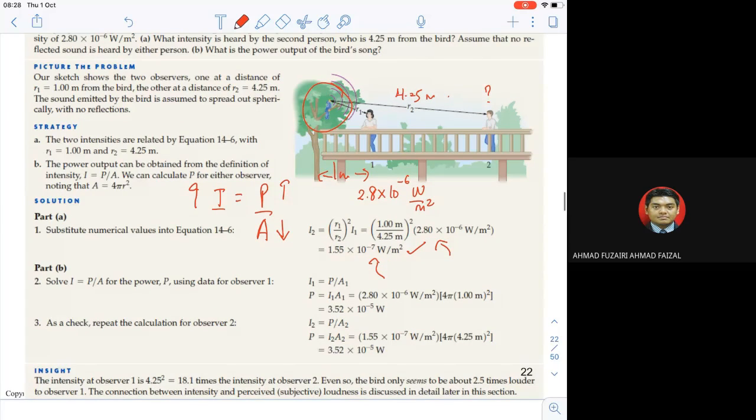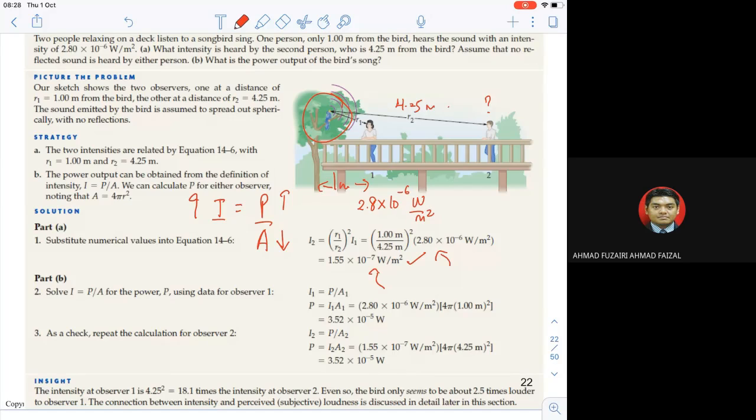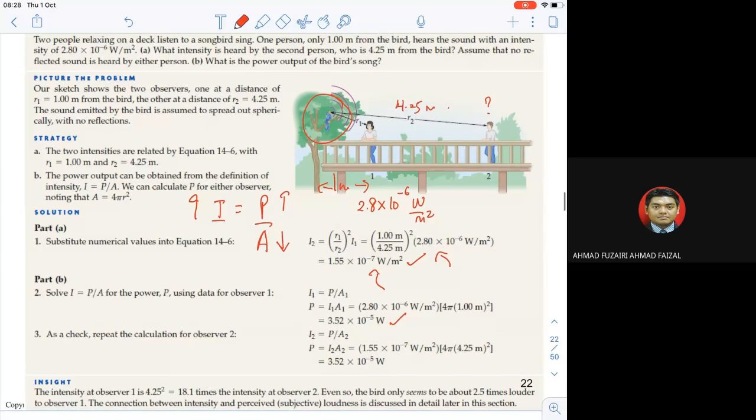So in this case, we already have I2, and I1 is P over A1, so we can have P equals I1 times A1. So we have 3.52 times 10 to the power of negative 5 watt. Look at the unit. We are using watt. Why? Because we want to know power. So please look at the unit used in the equation, watt over meter squared.